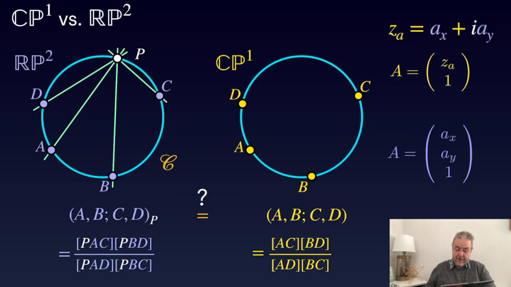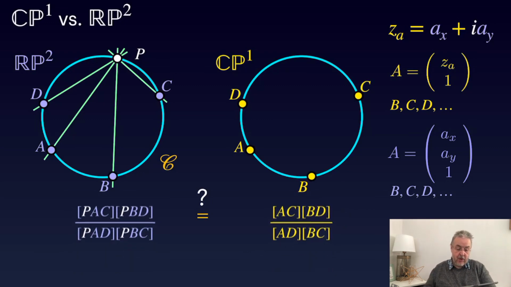So now we want to perform the calculation. I've shown you how to proceed with point A, and we do the same thing for points B, C, and D, and for the yellow points B, C, and D. Just the analogous construction. So we get a bx, by, and a complex number zb consisting of bx plus i times by, and so on and so on.